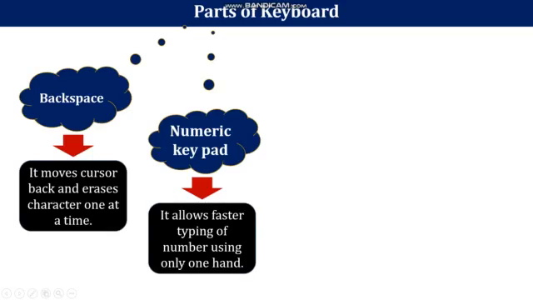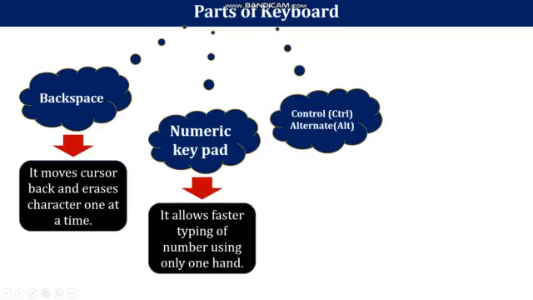तो देखो, न्यूमरिक कीपैड के लिए आपके कीबोर्ड के राइट हैंड साइड में जो कीज दी हैं उनमें सिर्फ और सिर्फ नंबर्स हैं, है ना. So how does it help us? It helps us type faster with only one hand.